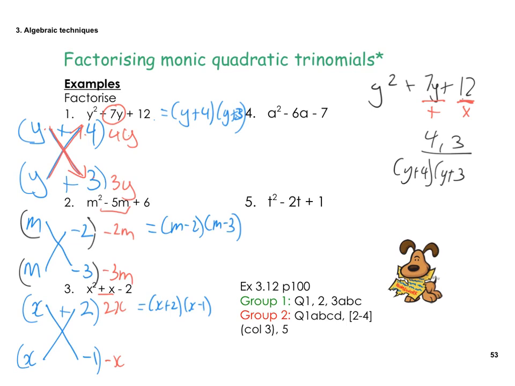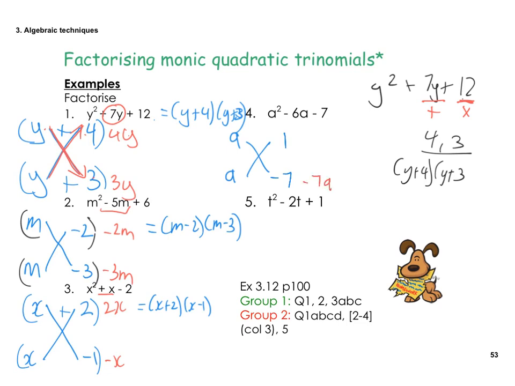Question 4 time. Let's draw a nice cross again. A. In terms of numbers, again, I need -7, and I get -6 for my plus. I believe -7 and 1 should work. And again, we can check that. A times -7 is -7a.